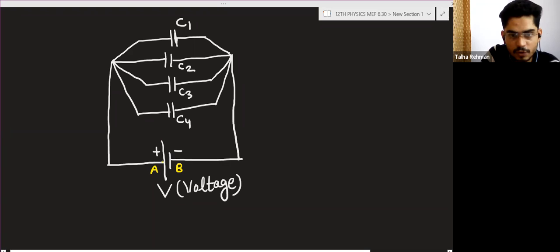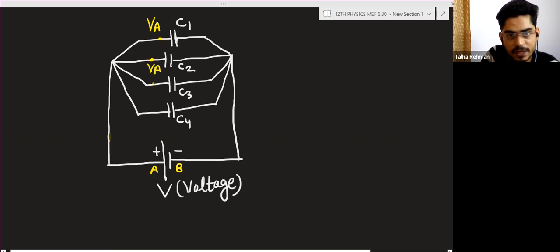Now you can see from here you are moving and moving. Here also the potential will be VA, and there is no capacitor or resistor. So till here also the potential is VA. Now you are moving from here to the capacitor C2. No capacitance or resistance means here is also VA.